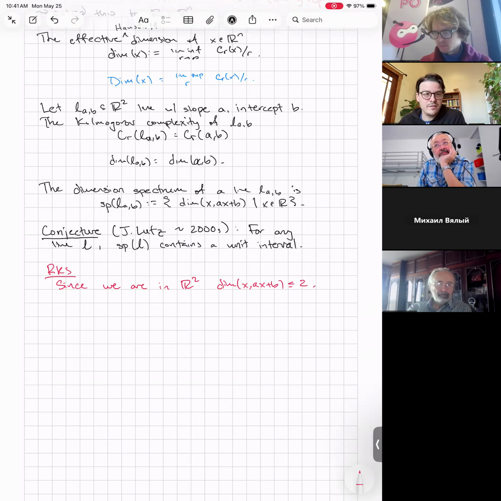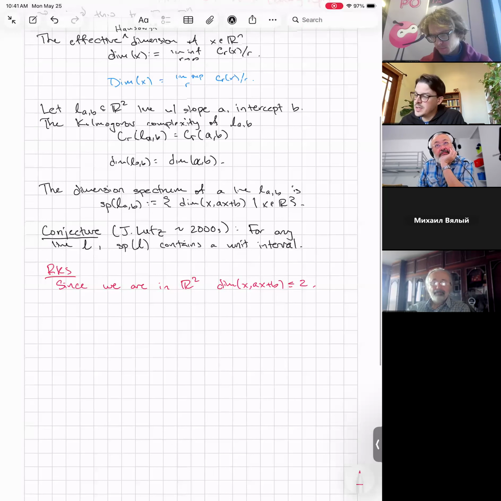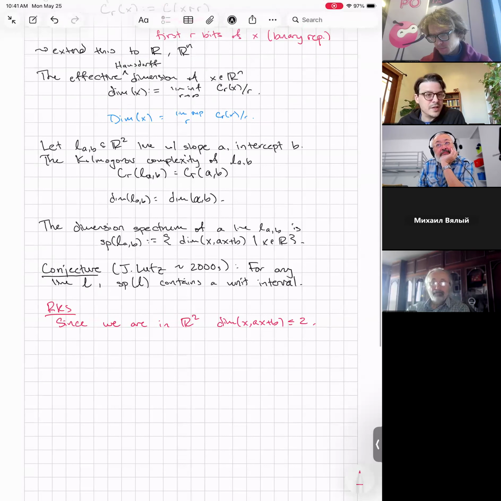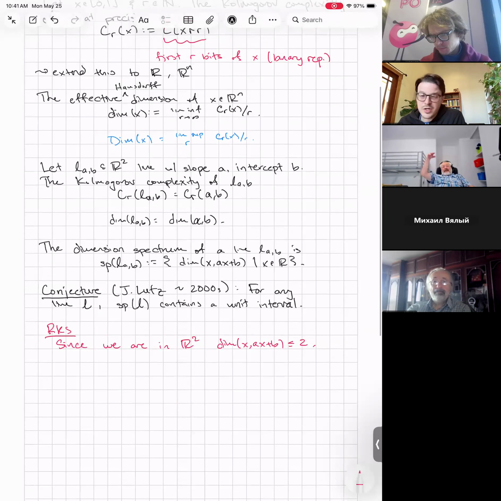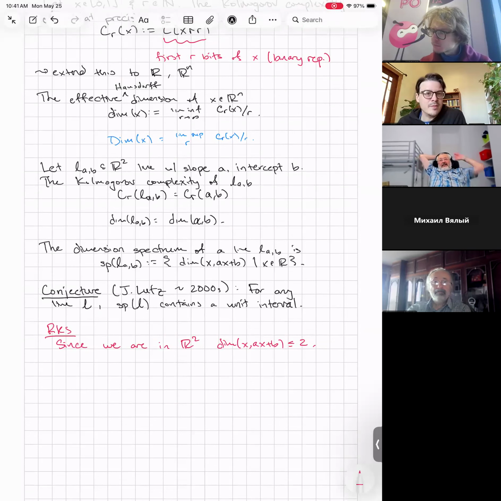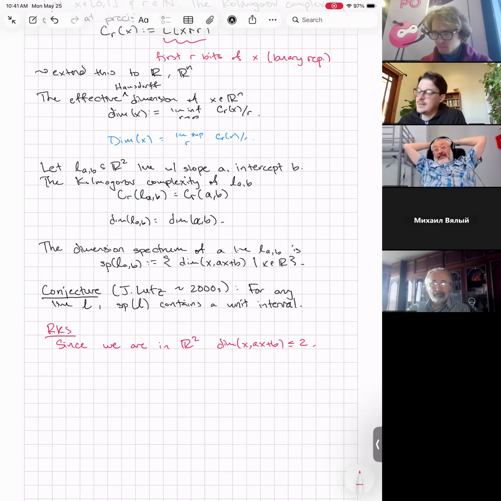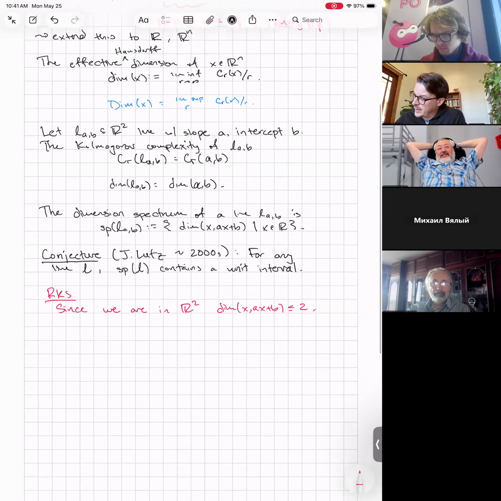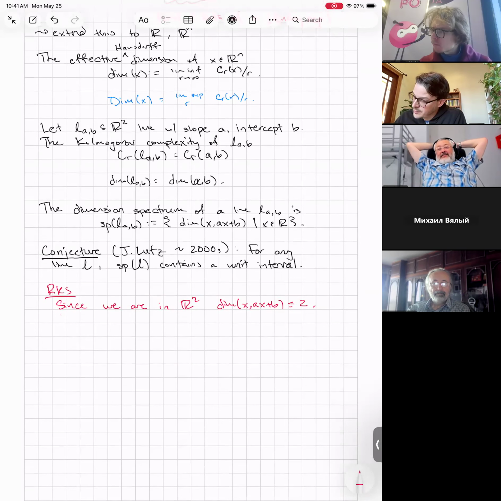We have an absolute upper bound on any point in R2, exactly from the definition, right? To describe a point to precision r, it takes at most 2r bits plus a log term. And then the other upper bound, since, and you can check this immediately.